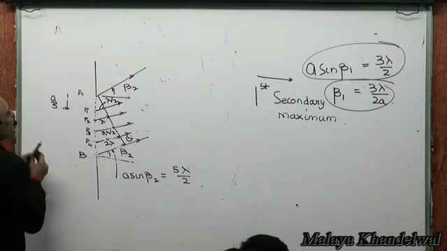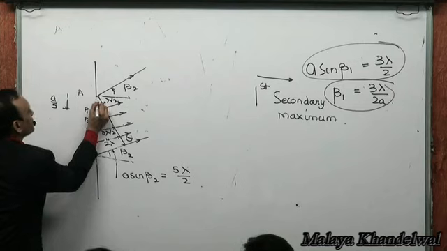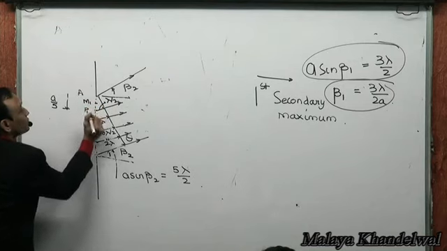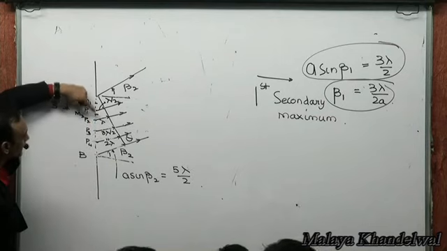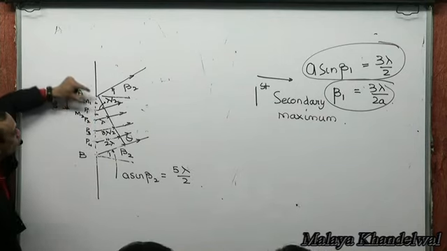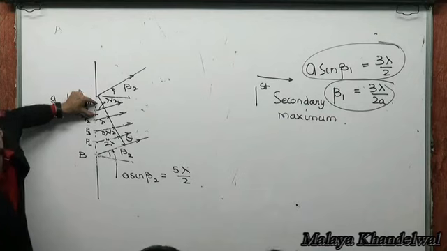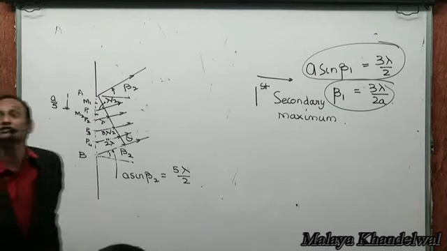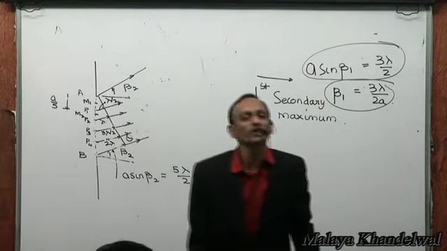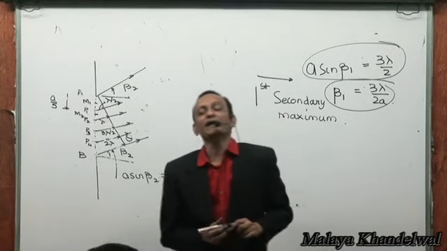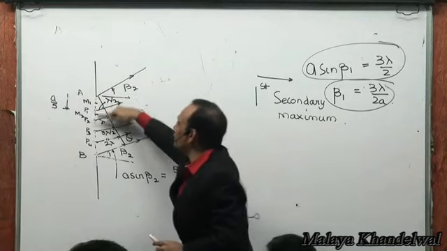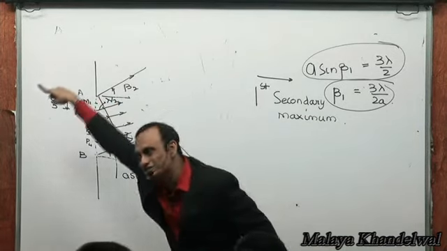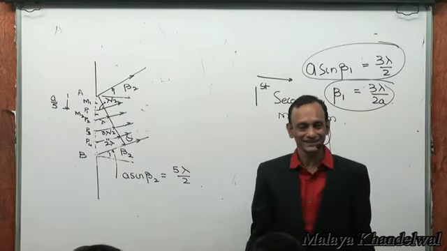That means for every point between A and P1, say M1, you can find a corresponding point M2 between P1 and P2. As long as M1 and M2 are A by 5 apart, the path difference is going to be lambda by 2, phase difference is going to be pi, and energy diffracted at an angle beta 2 from M1 and M2 will interfere destructively on the screen.